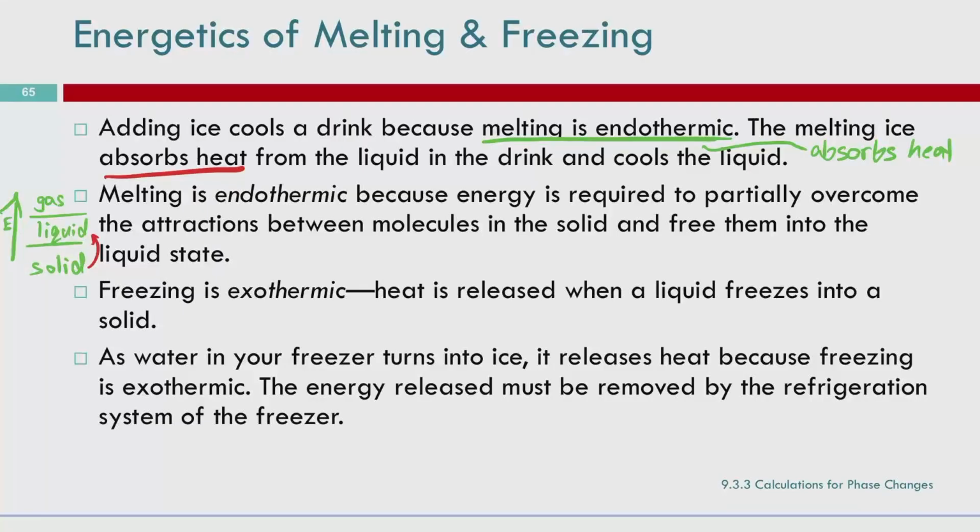If we think about what's going on at the atomic, the molecular level, the reason that it's endothermic is, remember that in our solid state, everything is locked in its place. We're thinking of people at a movie theater, people in the classroom. You're stuck in your spot. You can vibrate in your place. When we go to a liquid, you can move past your neighbors. They're no longer stuck in their places. And so we're partially overcoming those attractions between neighbors.